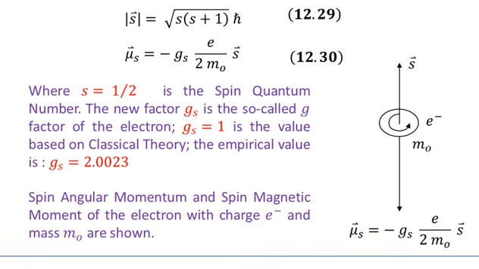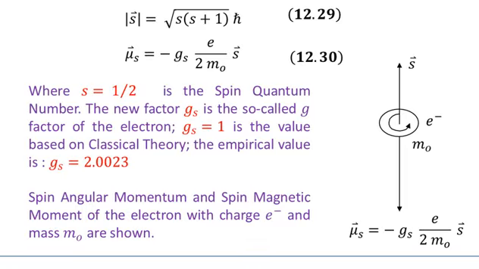You see that in the previous cases, we have seen that the electron revolves around the nucleus, forming a current loop where the orbital angular momentum vector L is perpendicular to the plane of the electron loop. But here we are talking about the spin. Spin is similar to the rotation of the Earth about its own axis.